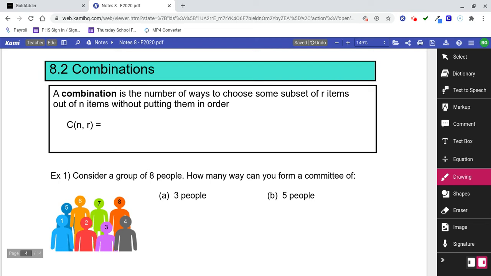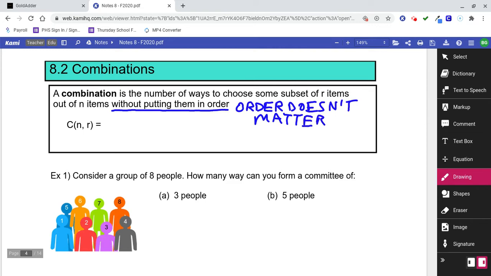8.2 combinations. A combination is the number of ways to choose some subset of R items out of N items without putting them in order. Or in other words, order doesn't matter.